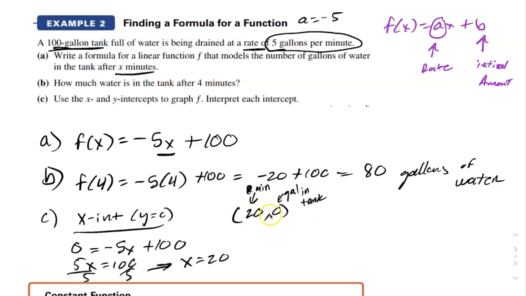Well, this is how long it takes to get the tank empty, essentially, right? 0 gallons in the tank. So when we find our x-intercept, that makes our y 0. So whatever the y we're talking about, that's 0. In this case, our y is gallons in the tank. So this is how long it took the tank to be empty. It took 20 minutes to empty the tank.